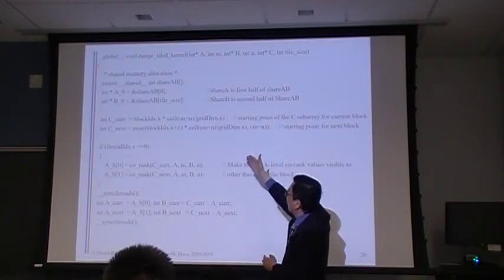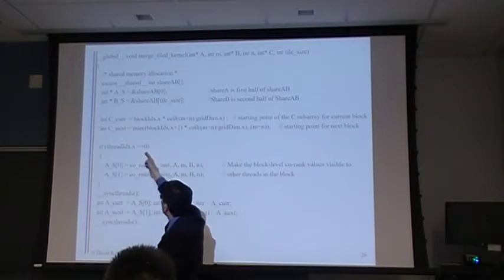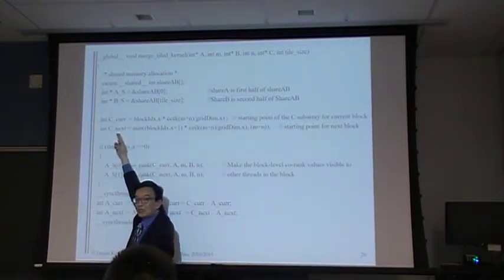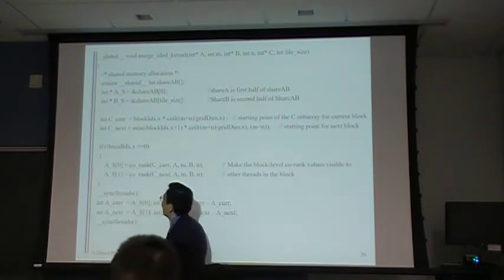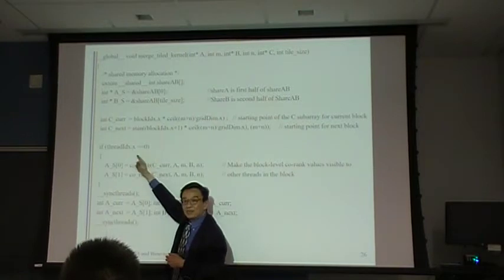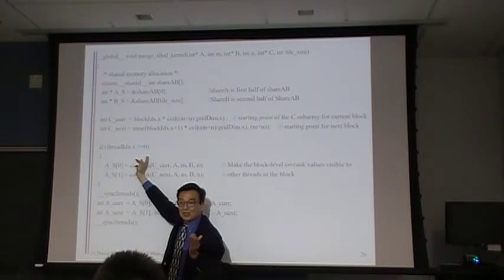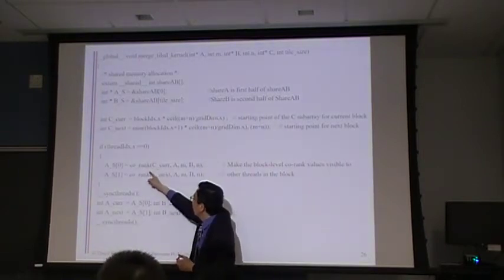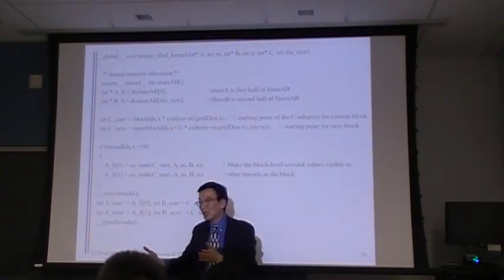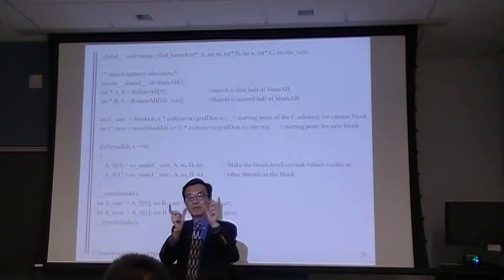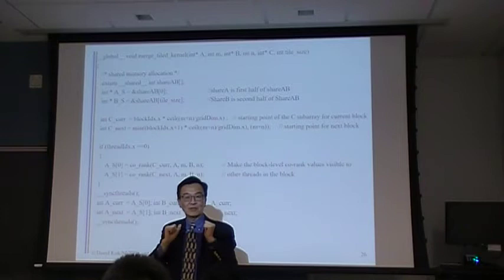So we come into the kernel, and we figure out the big section of C. This is the big partition of C for the block. Then for the representative thread, thread 0 in these blocks, we calculate the co-rank function for the previous big section and the current big section. This gives us the beginning and end of A and B for this entire big section of C, right?